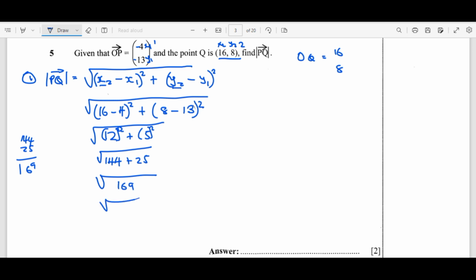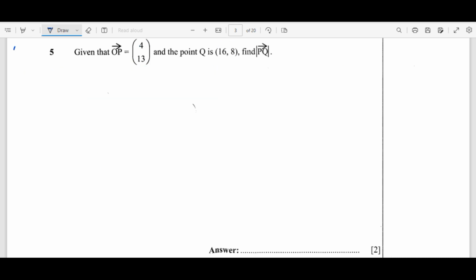The square root of 169 is 13. So that is our answer. 13 is our answer.